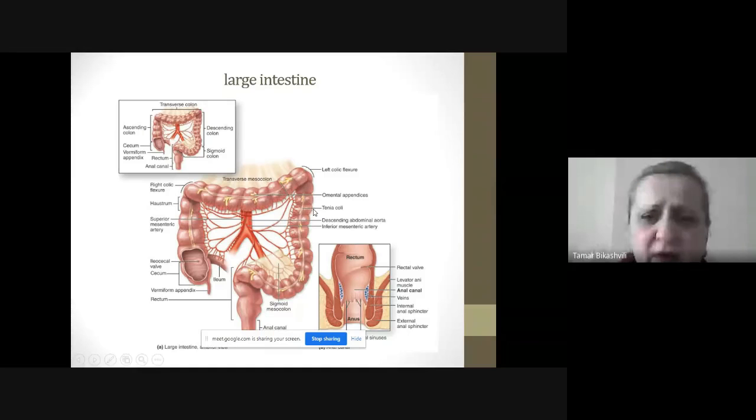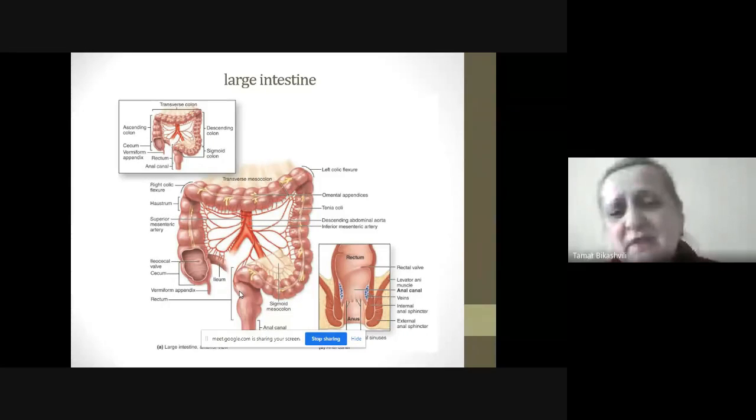The name of these structures is haustra, the sac-like structures. So the simple columnar epithelium, then again lamina propria, muscularis mucosa, then the submucosa, then the muscularis. But here the muscularis externa is more specific.